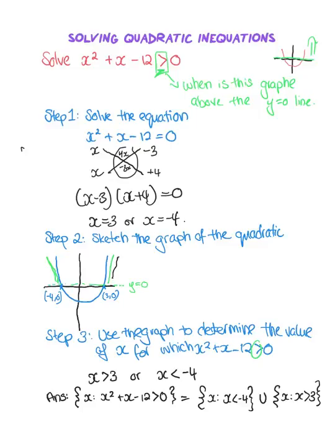I'm happy for you to write your answer like this, but be aware that in a multi-choice or an exam they might use a little bit of this language. I'll do another example on the next page.